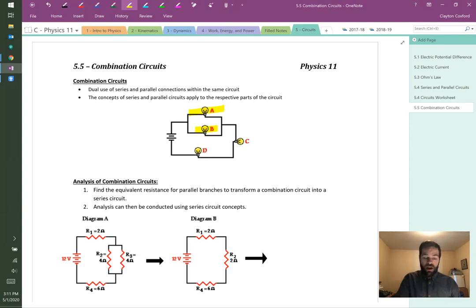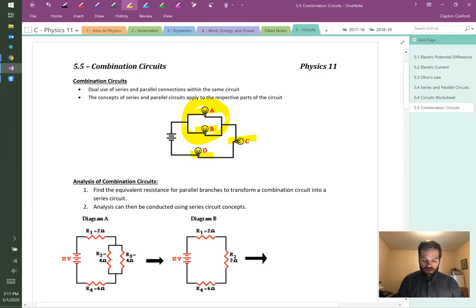And then that set of parallel light bulbs are in series with light bulb C and light bulb D. So everything that we remember about parallel circuits will apply to light bulbs A and B, and then everything that we remember about series circuits will apply to light bulbs C and D, as well as A and B in series with C and D. And we'll see how that works shortly.